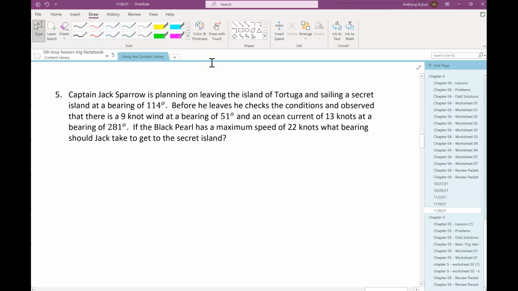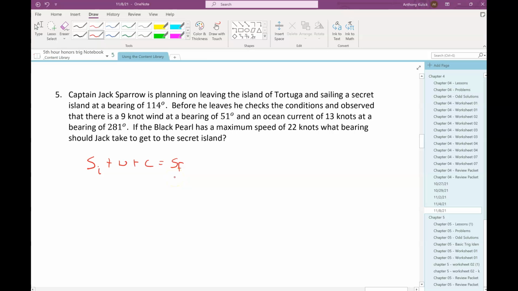Let's see here. So we have the ship initial plus some wind plus some current should be the ship's final speed and bearing, right? Okay. All right, let's see here.